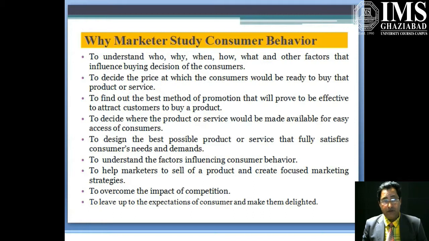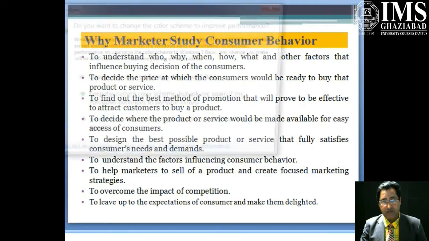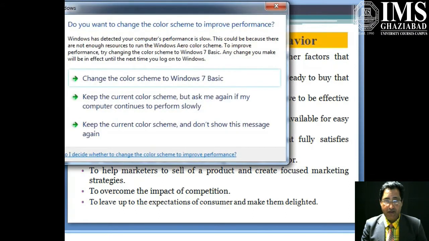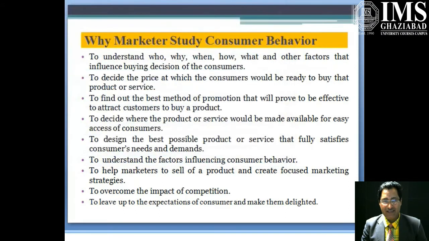So even if you talk about a beauty product, for example a fairness cream, you will have to understand who your consumer is. Then you will have to understand why your consumer will purchase your product. There are so many options available, so you will have to give a reason to your consumer: these are the reasons why you should purchase my product.